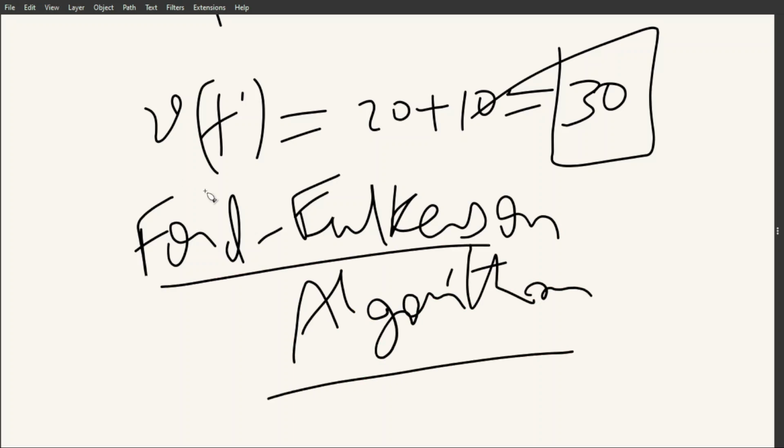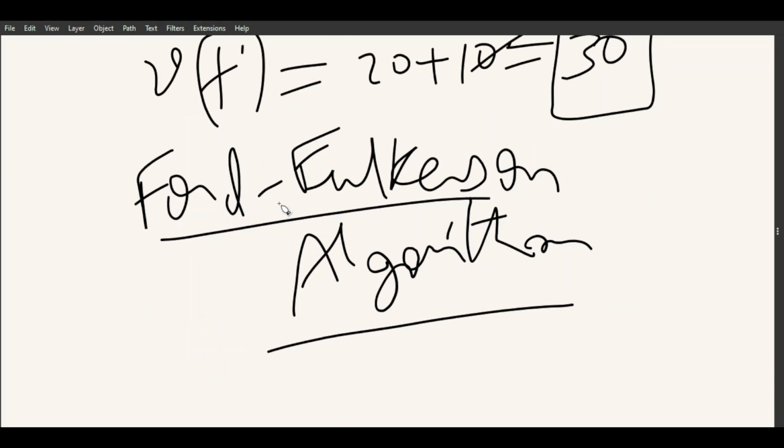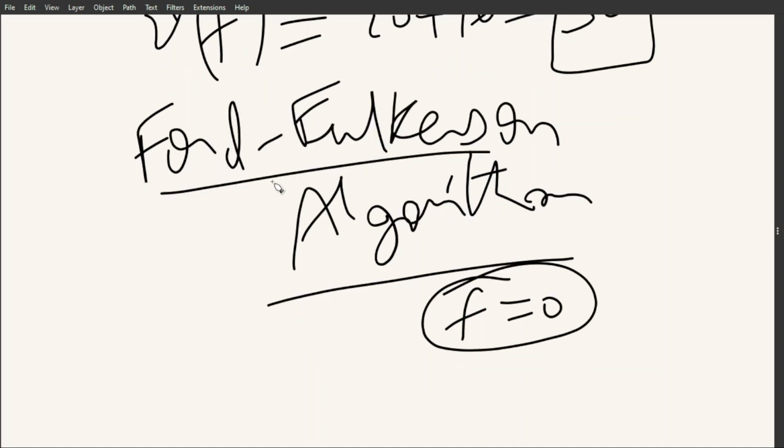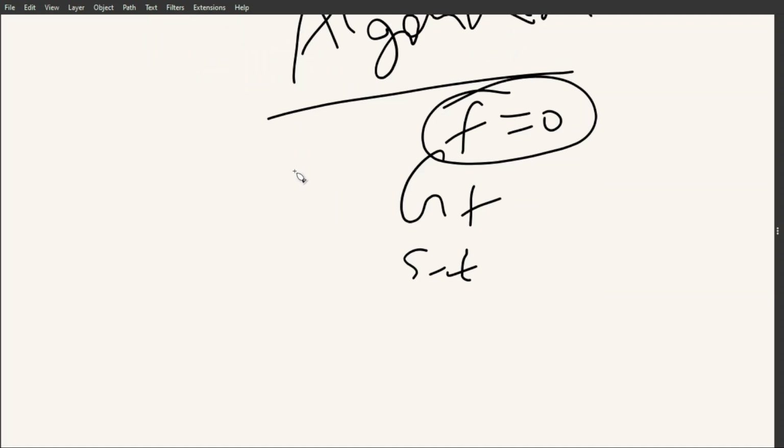We start with the graph G. The Ford-Fulkerson algorithm is very simple. We start with flow F equal to 0. Make the residual graph, find an S to T path, augment by the bottleneck and continue like this until we get the maximum flow.